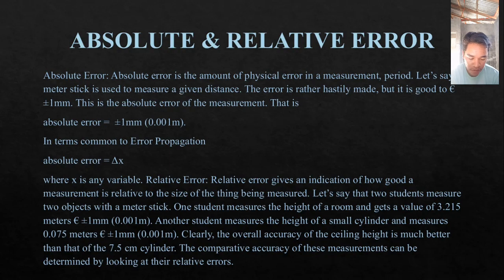Another student measured the height of a small cylinder and measures 0.0075 meters, plus or minus 1 millimeter. Clearly, the overall accuracy of the ceiling height is much better than that of the 7.5 cm cylinder. The comparative accuracy of these measurements can be determined by looking at their relative errors.